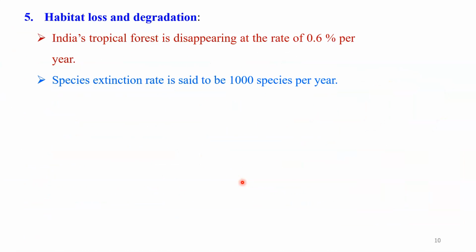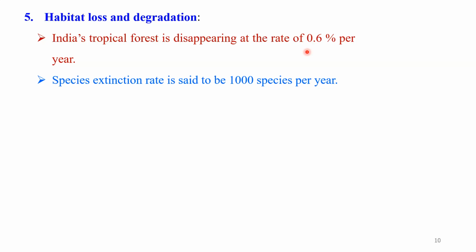The next one is habitat loss and degradation. This is also very important. One research activity was carried out, and in one article they mentioned that India's tropical forest is disappearing at the rate of 0.6% per year. This is a very important thing to keep in mind, because if this continues over the next few years, we will definitely lose a lot of the biodiversity we have in India.